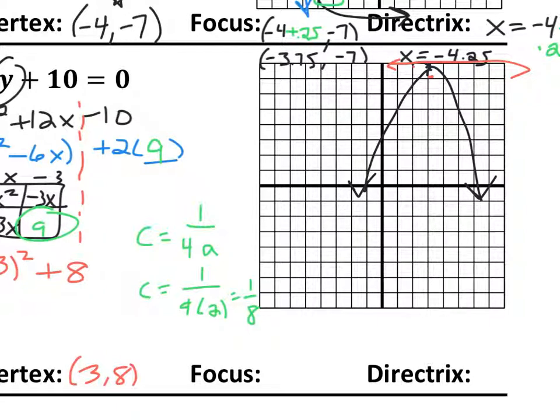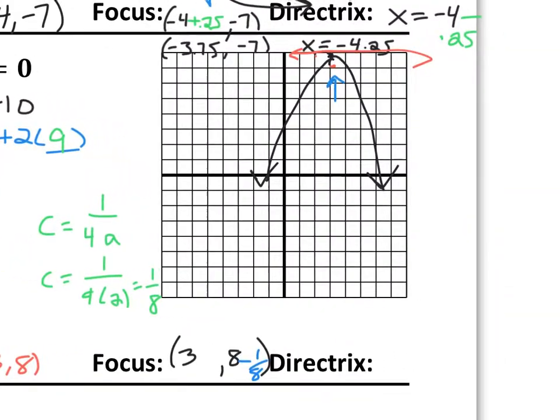Okay, so my focus, we take our vertex, 3 and 8, and what's changing for this? What is changing from my vertex is my y value. So where is it? My focus is below my vertex, so I'm going to subtract 1/8. Notice I didn't change that to a decimal because I'm being lazy, but you should type in the calculator and get me a decimal. Okay, thanks, bye.